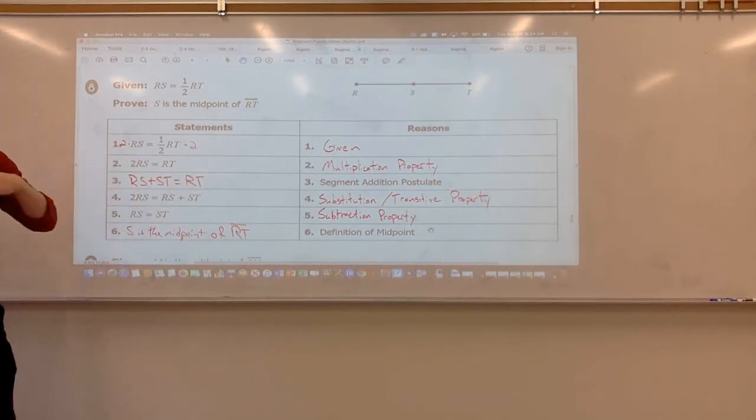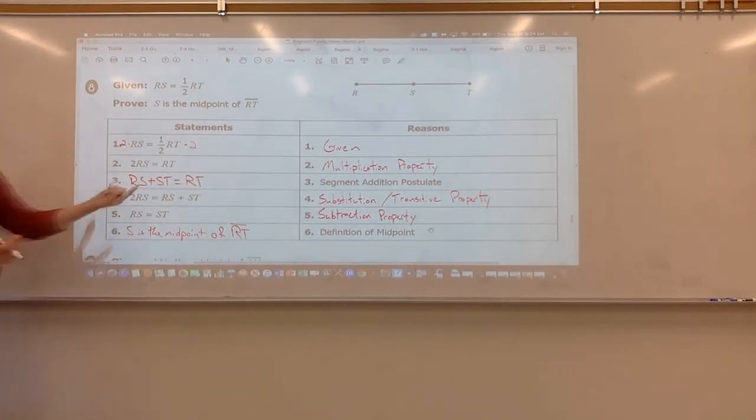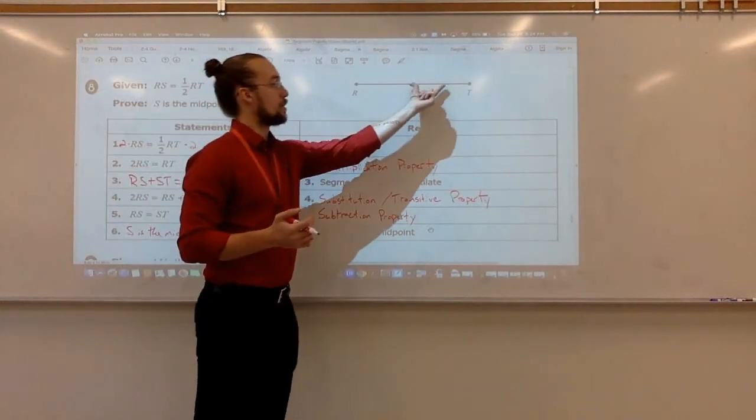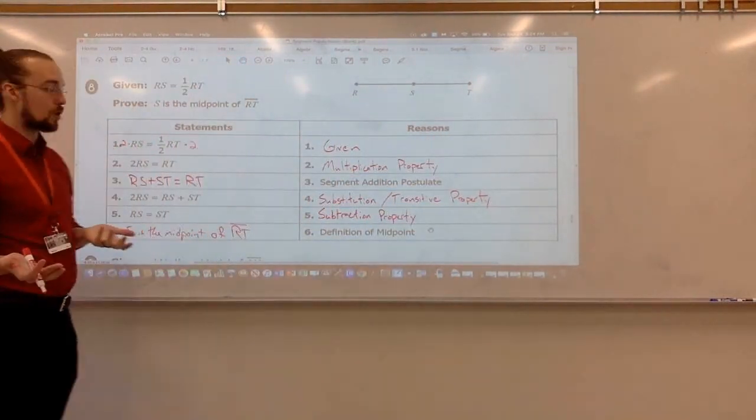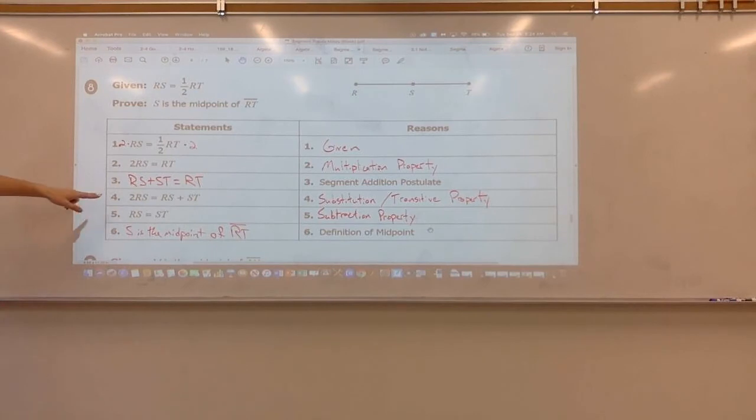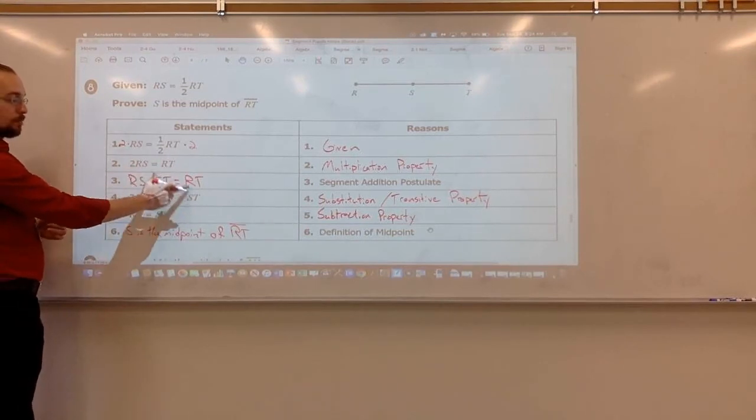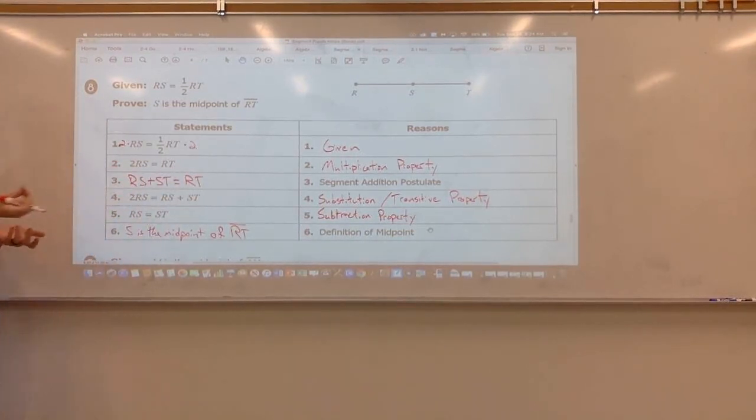Well, then they tell me the reason is the segment addition postulate. So that would be RS plus ST equals the whole thing of RT. Well, then they claim that 2RS is equal to RS plus ST. So they're saying both of these things are equal to RT, therefore they're equal to each other.